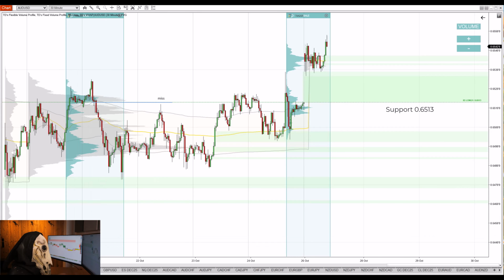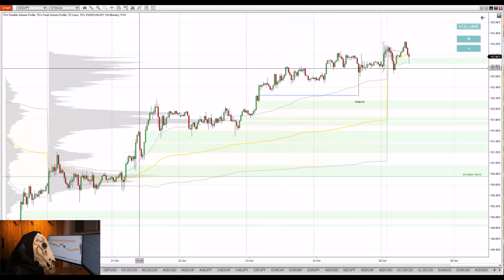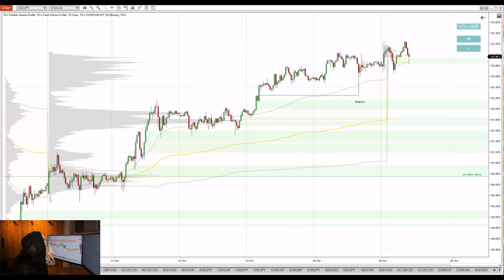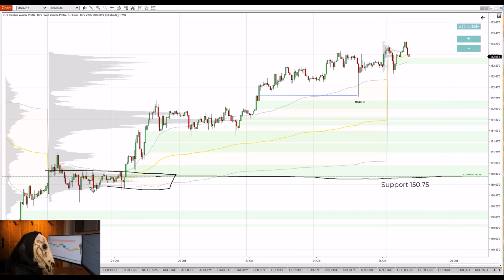The next one will be on the US dollar Japanese yen. This is a 30-minute chart of the US dollar Japanese yen, and what I want to show you here is a support right here, and this support is based on this massive heavy volume zone at the start of this uptrend.